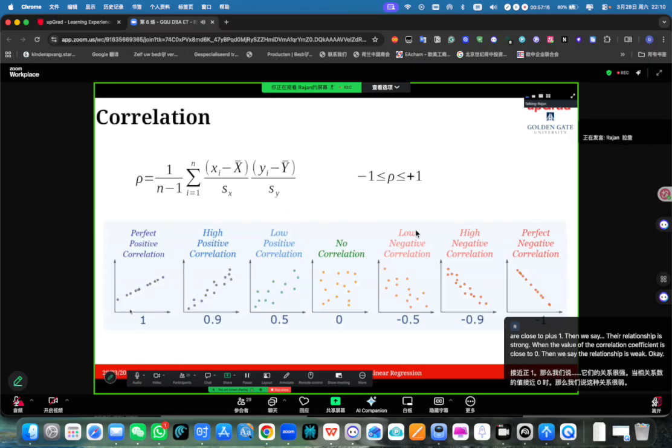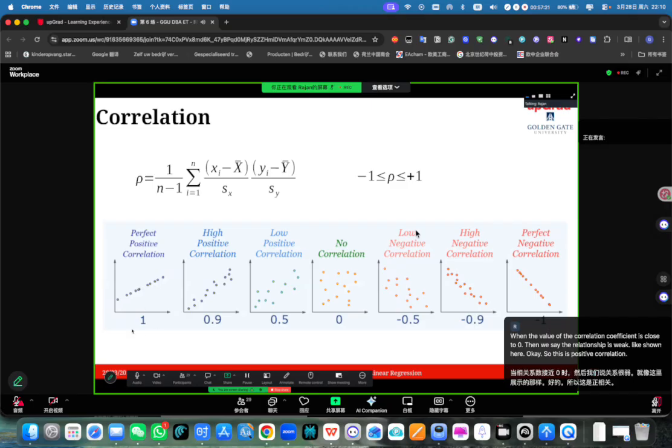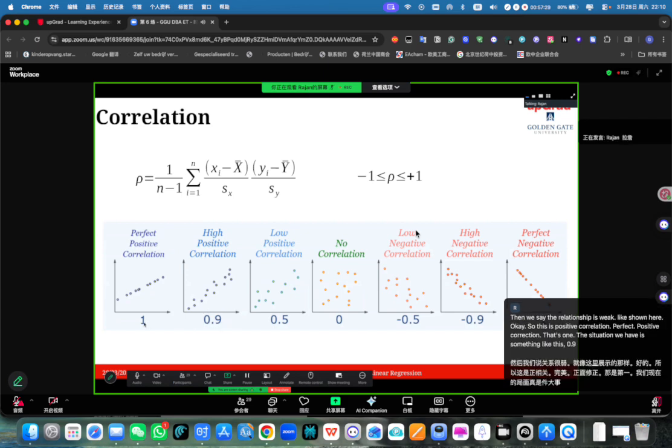Okay. So this is positive correlation, perfect positive correlation. The situation we have is something like this: 0.9, close to 1. Very high positive correlation. So a strong relationship.